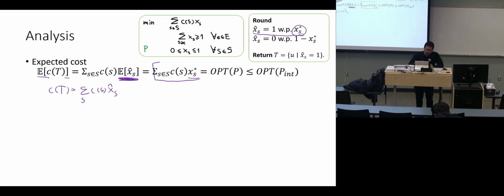Now, this is just the optimal value of the LP, which is at most the optimal value of the IP.